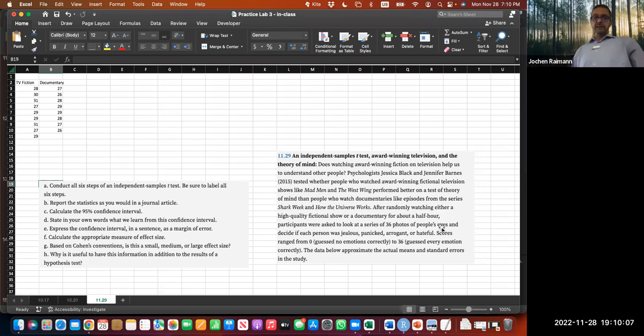They made one cohort watch award-winning fiction television like Mad Men and West Wing, and the other half had to watch documentaries. Then these individuals had to interpret photos of people's eyes and decide whether the person was jealous, panicked, arrogant, or hateful. Scores ranged from 0 to 36 based on the number of emotions guessed correctly.